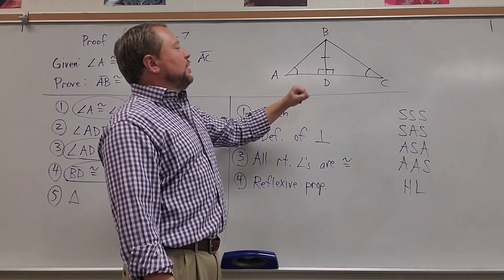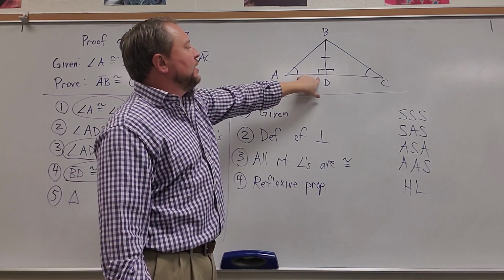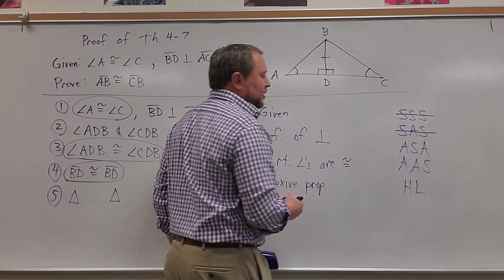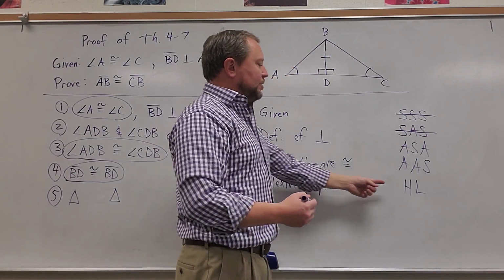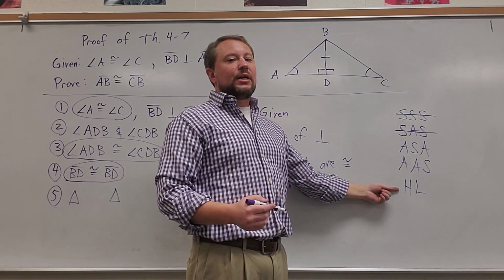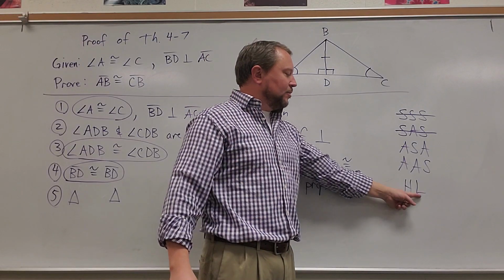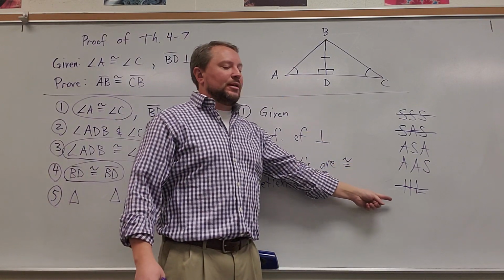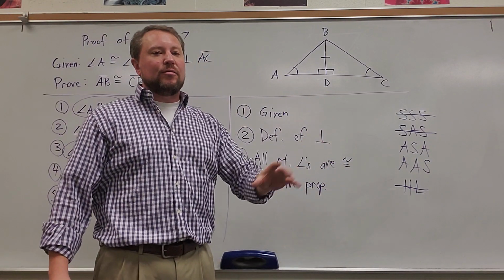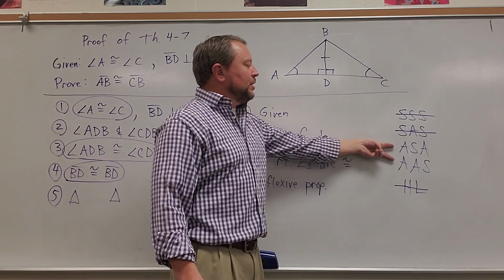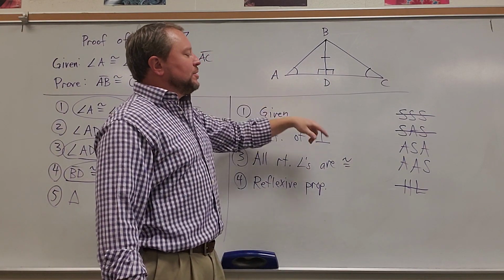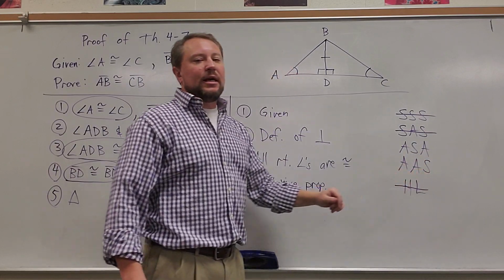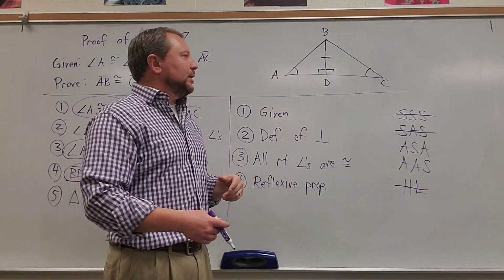If I look at my picture, I see I've got 2 angles. So I could already rule out SSS or SAS. Even HL. Remember, HL spells donkey and it has 2 sides, the hypotenuse and the leg. And even though it's a right triangle, we still are ruling out HL, so be careful. So I know it's one of these 2 now, and all I have to do is ask myself, is the side in between the angles, or is the side outside of the angles, not in between?